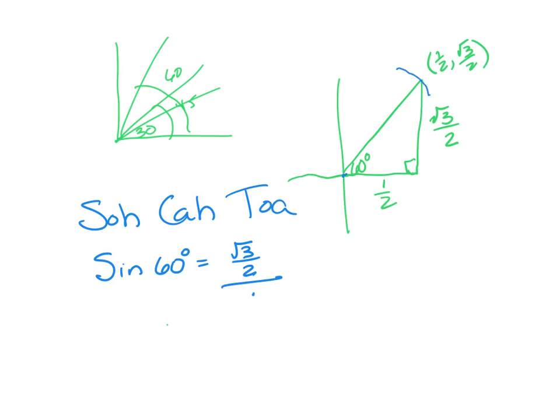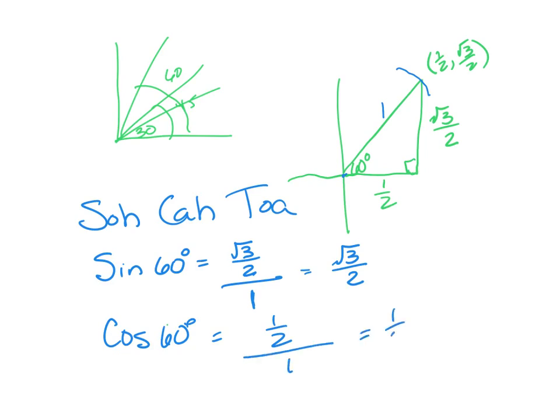What did we say the radius of a unit circle is? 1. We know this is 1, right? So the sine of 60 is root 3 over 2 over 1, which is root 3 over 2. And that's what we said the sine was, the second number. The cosine of 60 is adjacent, which is 1/2, over hypotenuse, which is 1, so 1/2.